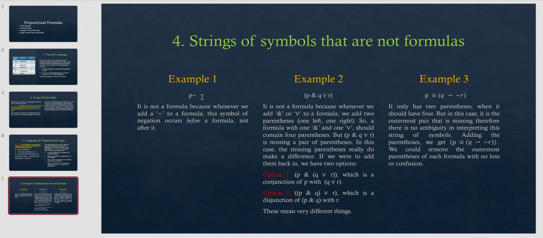So a formula with one conjunction and one disjunction should contain 4 parentheses. But our example is missing a pair of parentheses.